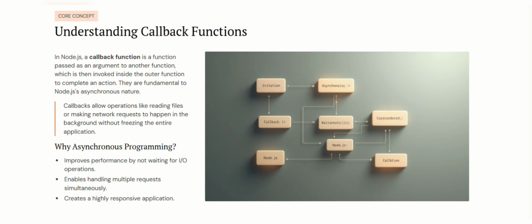For example, readFile runs asynchronously, hence the callback function runs after file reading completes. It is used because Node.js does not wait for one task to finish; it moves to the next task and executes the callback when it's done.